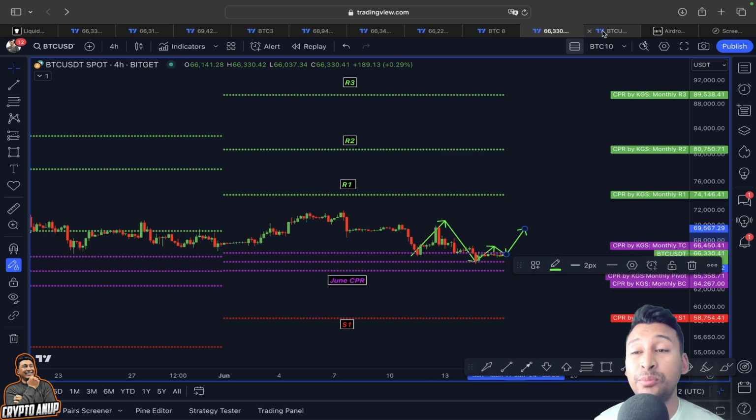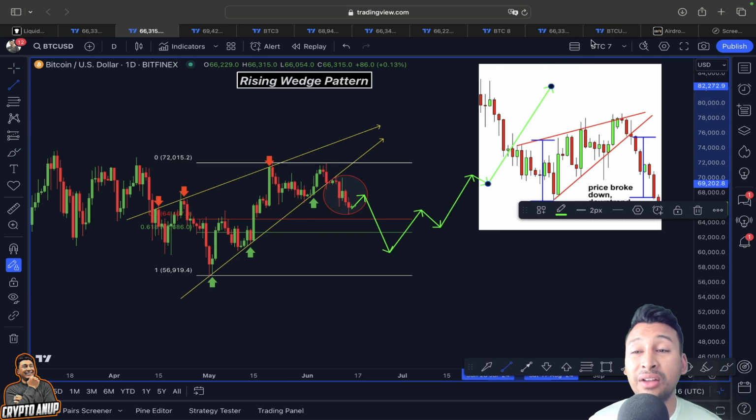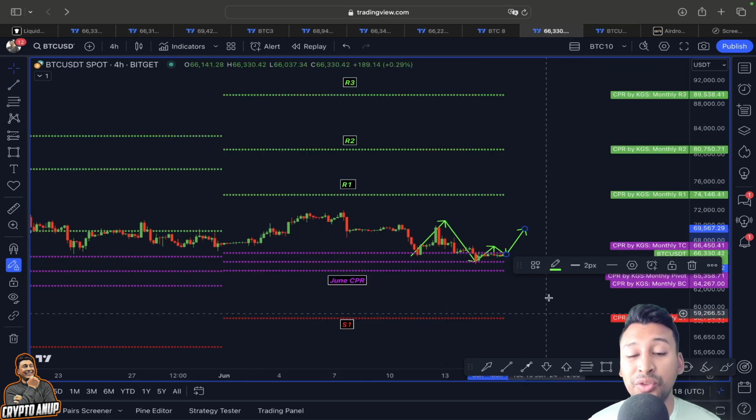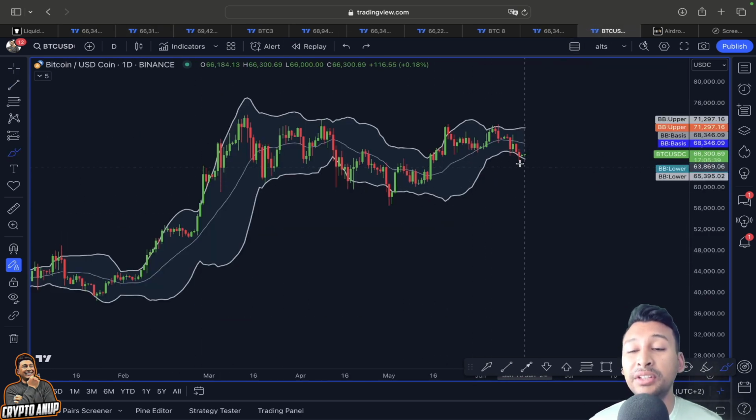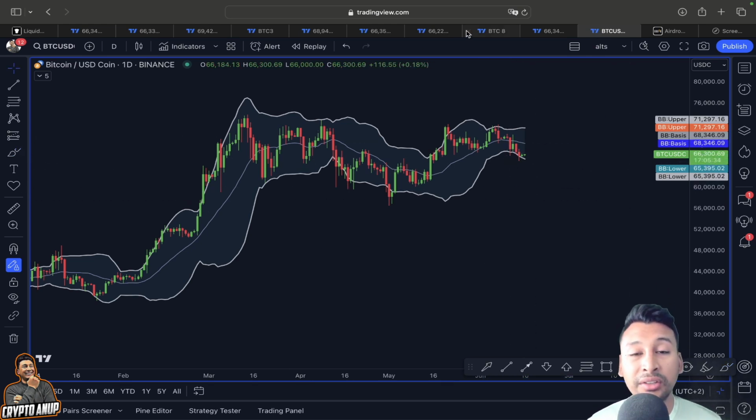So what I'm trying to pinpoint is that before seeing a move towards the 65,000, first we have to break the support which we have from the June CPR, and even the support from this Bollinger Band, the lower trend line, which is holding us right now. So this support could result in a relief rally in the medium short term.